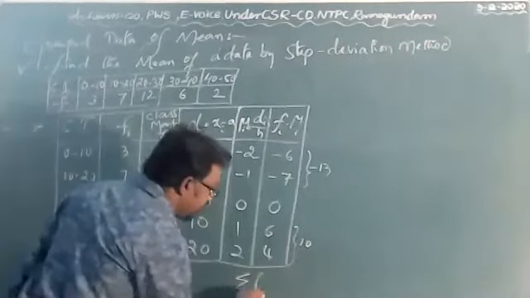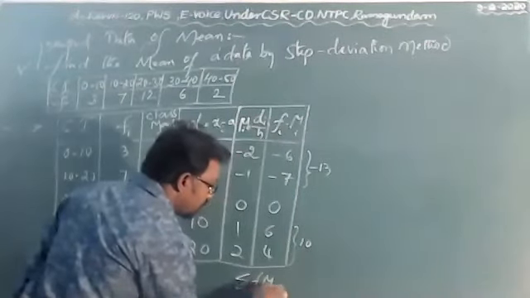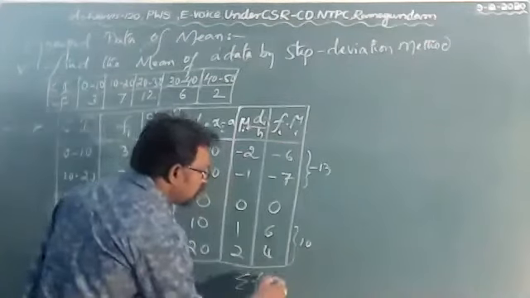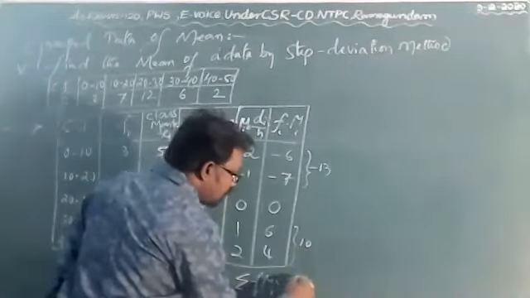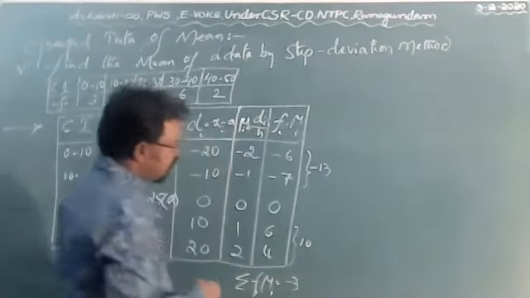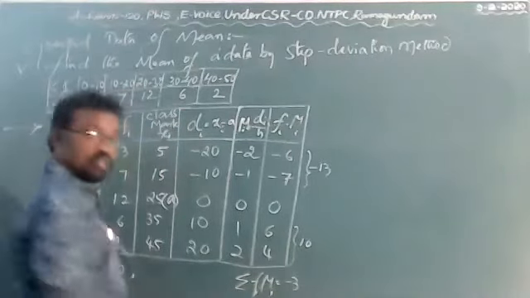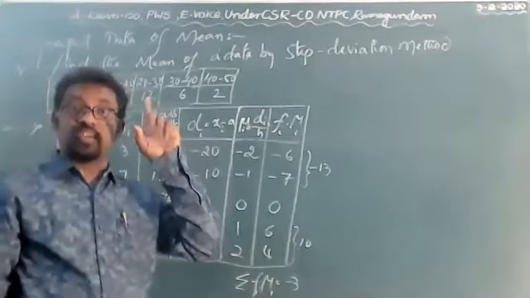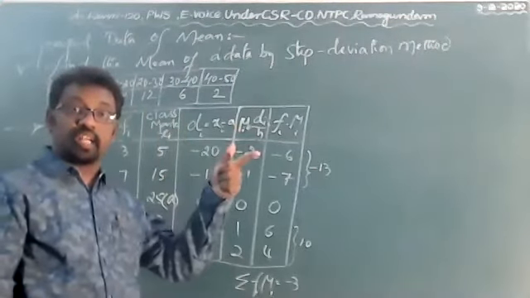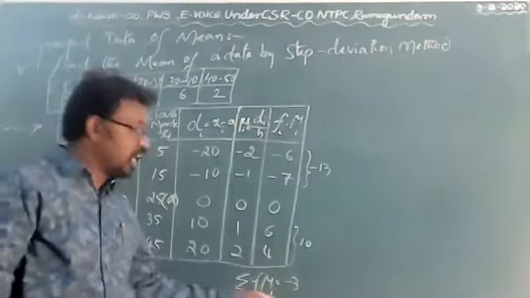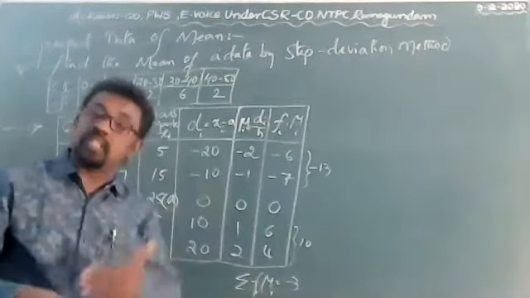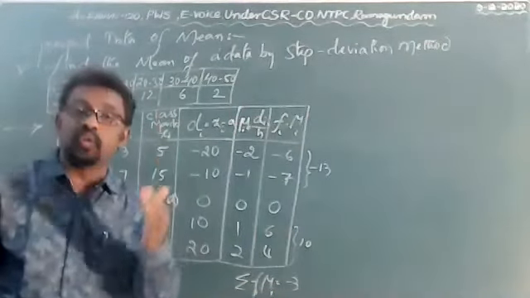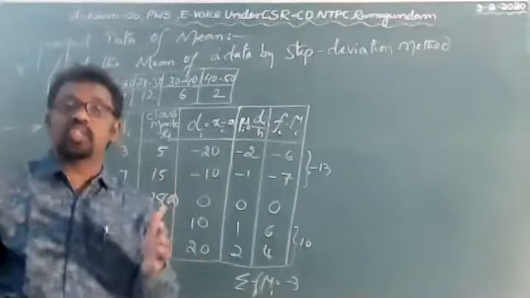Sigma f into mu is how much? Minus 3. In the first method 720, in the previous method minus 30. Here the calculation reduces. It's very easy.